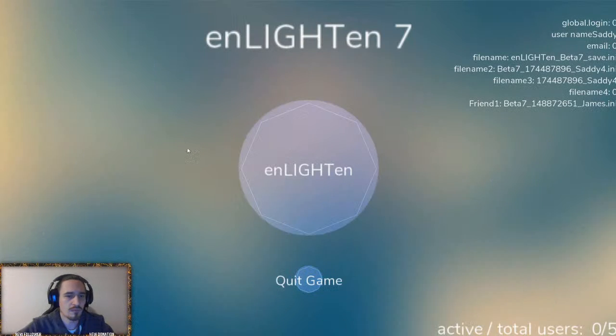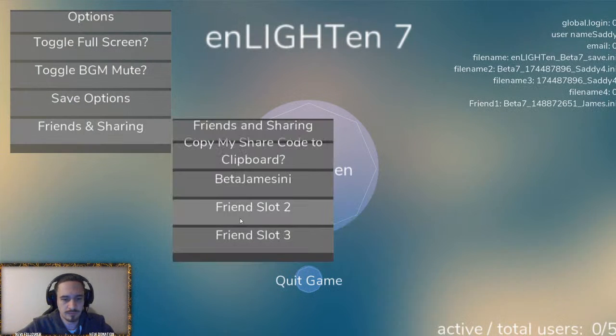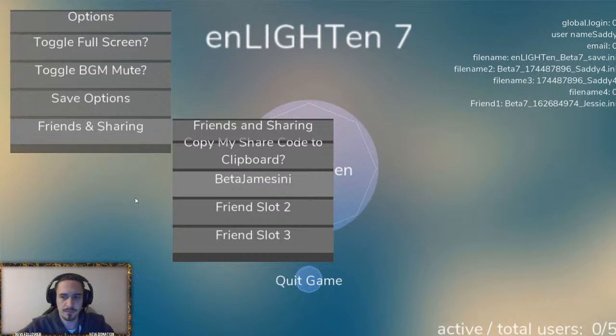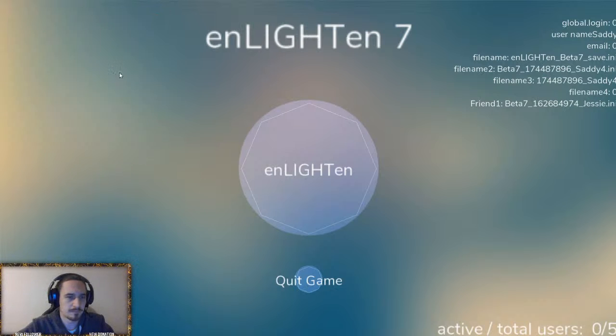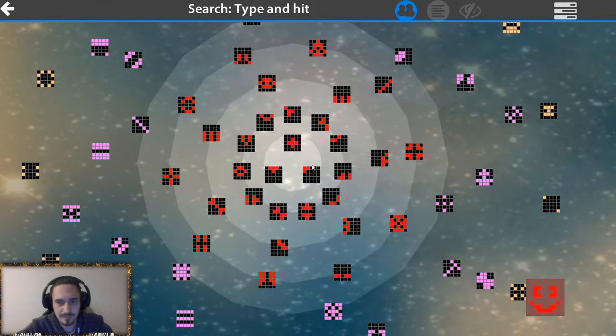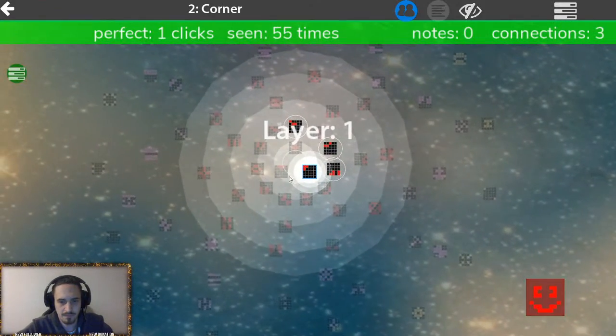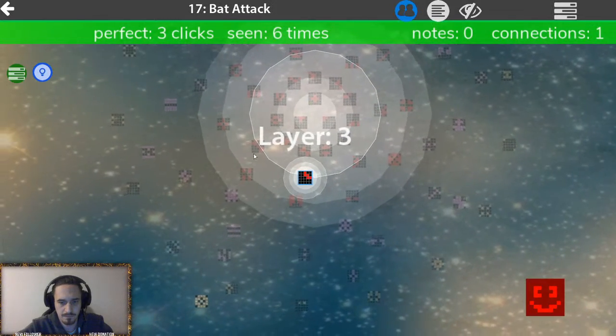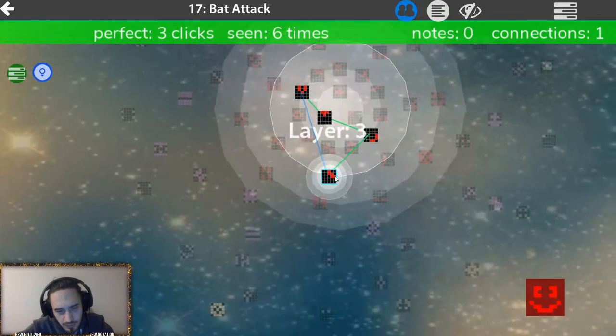Oh, I need to change the slot 1. Yeah, you only have one slot. Oh, okay. I got a blue line.